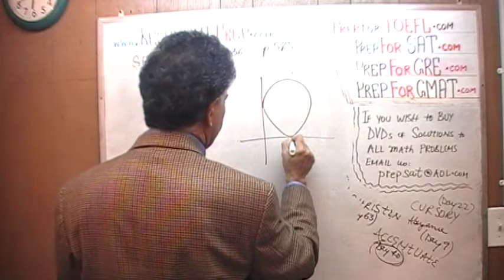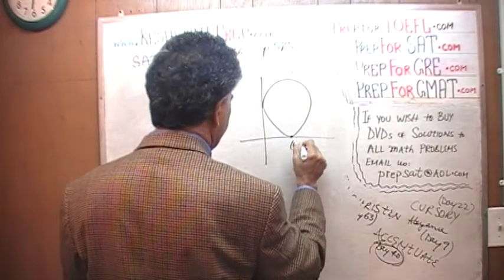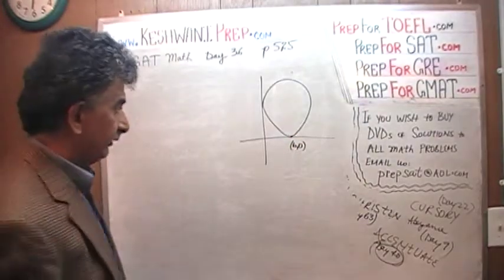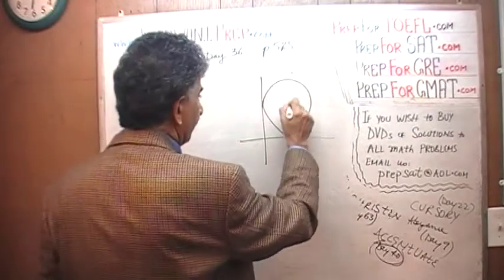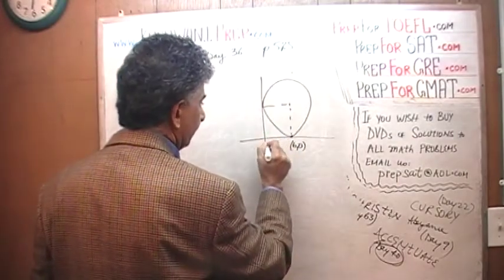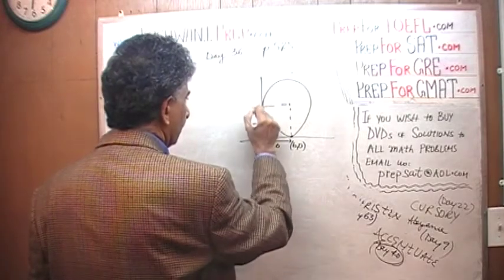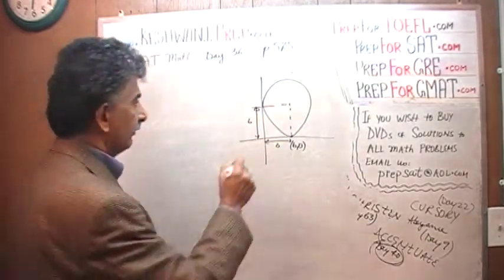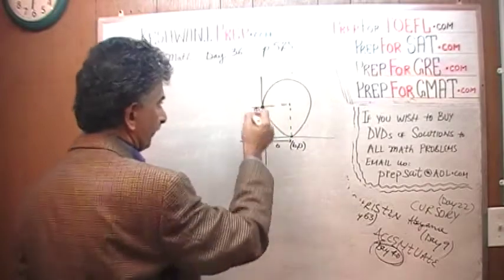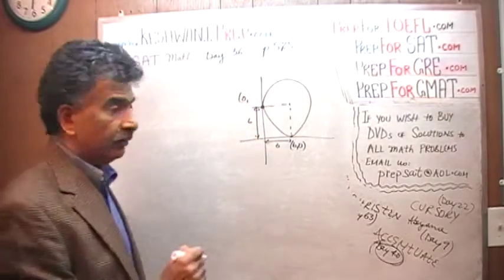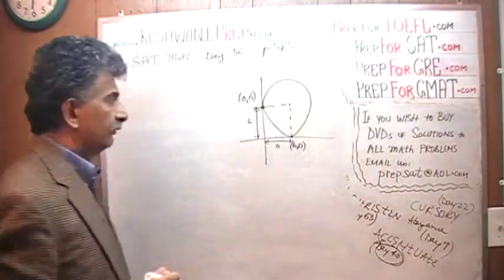And we are told that this point is (6, 0). Because it's (6, 0), that tells us the distance from the center to here is 6. This distance is 6, which means this vertical distance is also 6, which means the coordinates of this point, because it's on the y-axis, x coordinate is 0 and the y coordinate is 6. That's it.